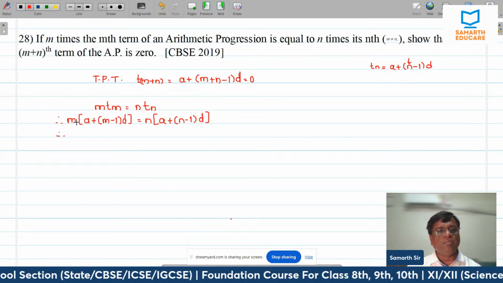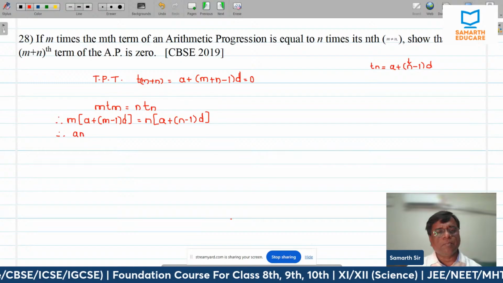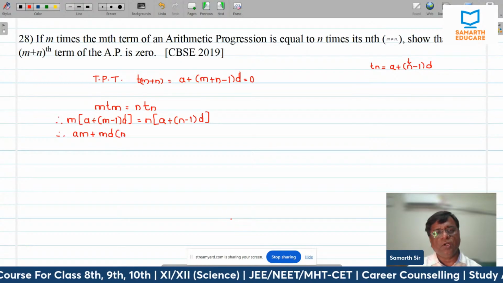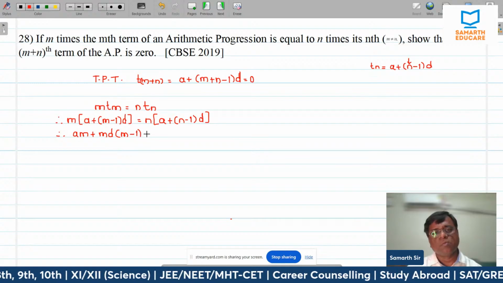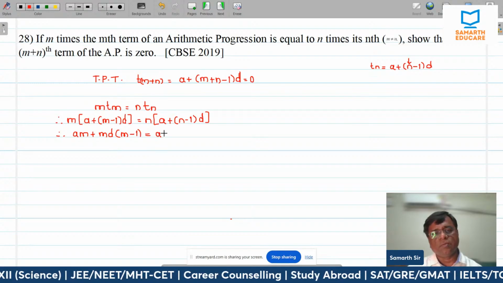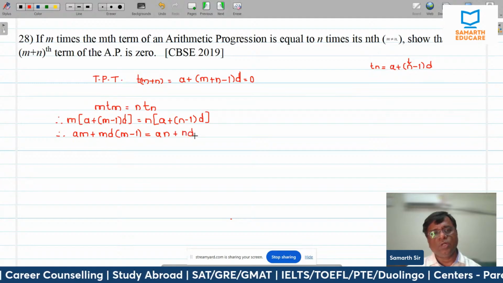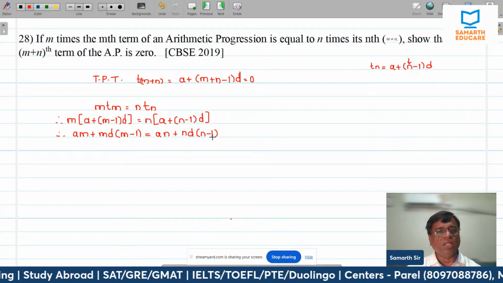If I multiply this, am plus md into m minus 1 is equal to an plus n into d into n minus 1, right?